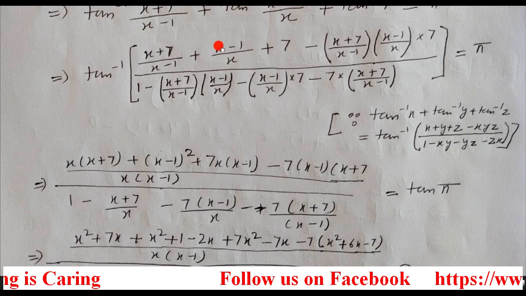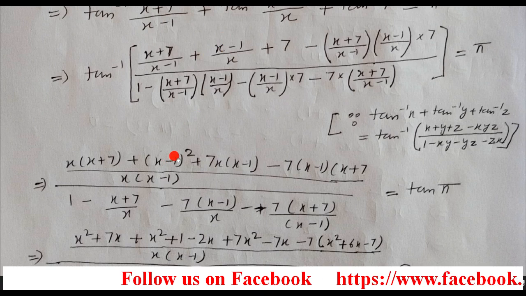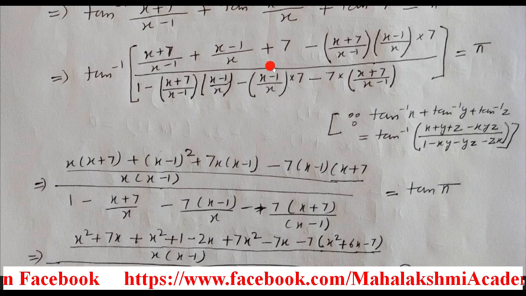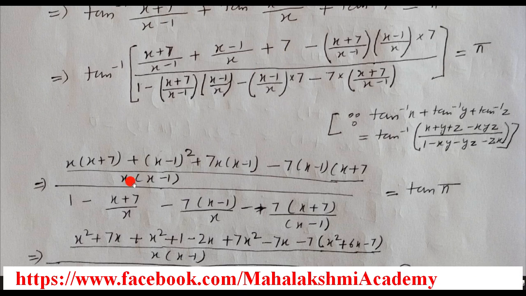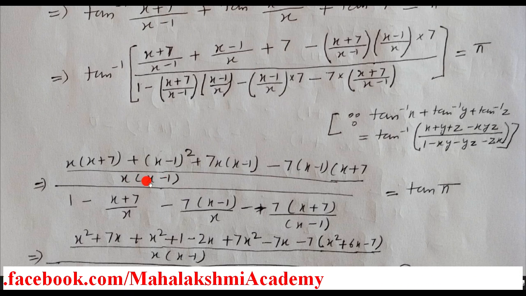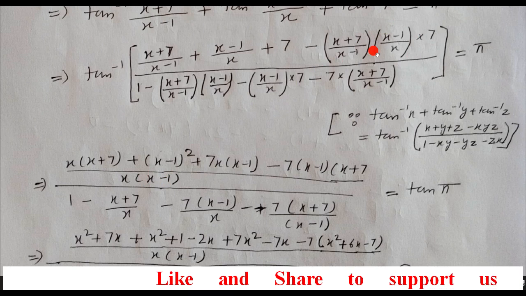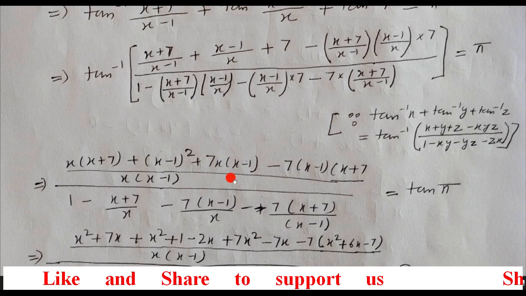Now x minus 1 multiplied by x minus 1 gave us x minus 1 whole square. Then there is 1 in the denominator, so when we divide the LCM by 1, we get the same, and it multiplied by 7 gave us this term. Now the denominator here is x bracket x minus 1. We divide by the same and get 1, so 1 multiplied by this is the same. So this is the process of LCM.